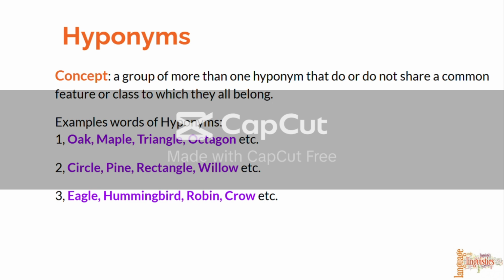And let's look at some example words of hyponyms. In the group of one, the words oak, maple, triangle, octagon.